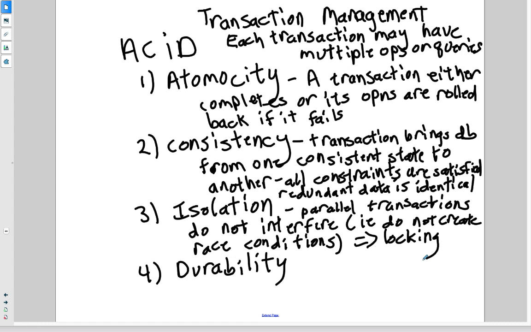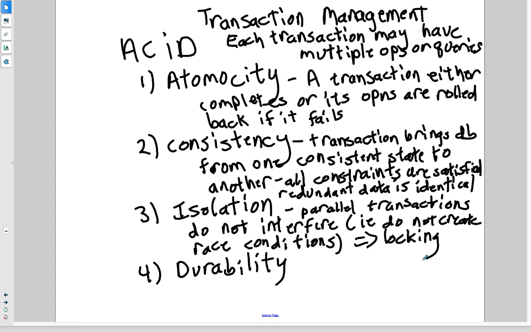So you have to lock relations while an operation is done on it, or maybe lock a customer in a bank account when you're processing deposits and withdrawals on that customer. You have to lock that customer when, say, a deposit is being made.